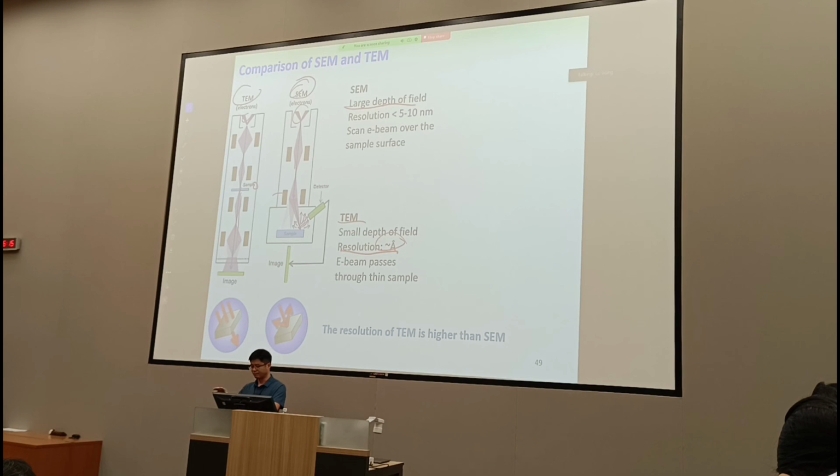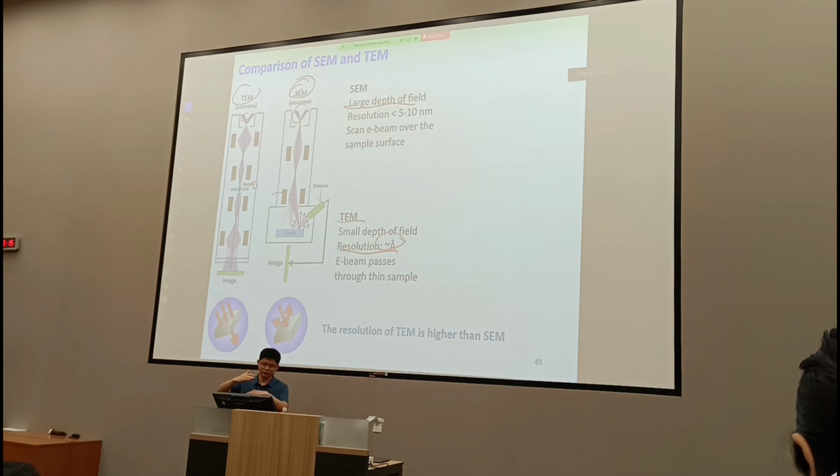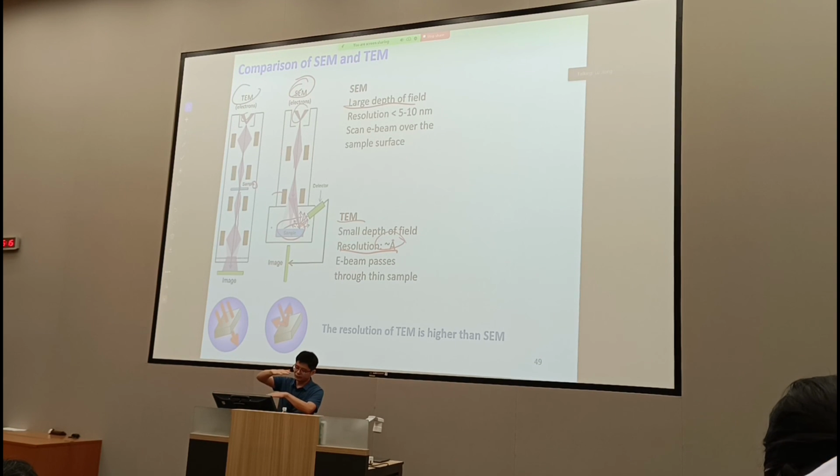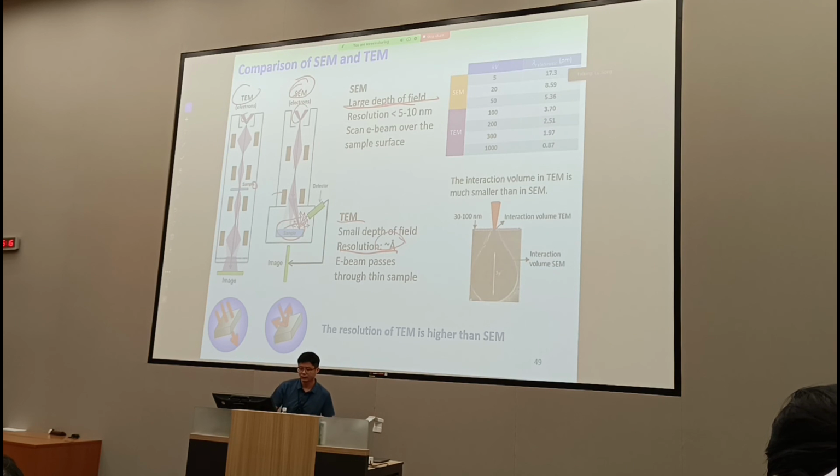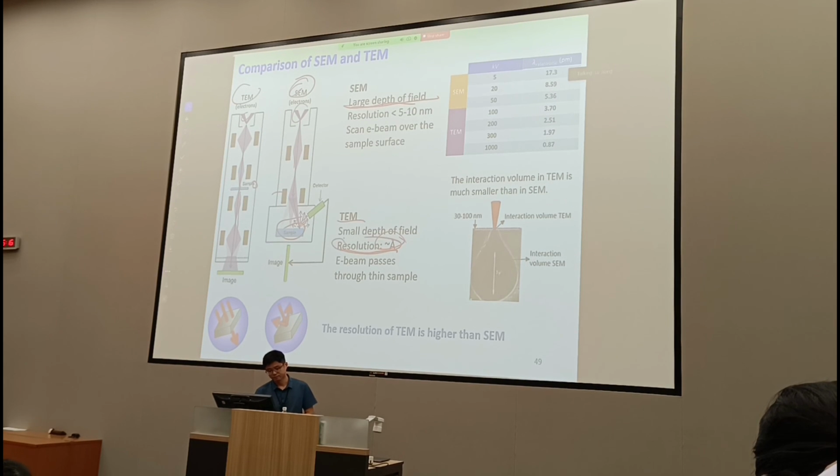You can measure the sample with a higher vertical resolution. That means your sample has up and down roughness, right? You can measure thick samples because it doesn't require the electron to pass through the sample. As you scan the electron on the surface, you can see the topography. So this has a large depth of field. So they are sort of complementary. So why can the TEM offer higher spatial resolution?